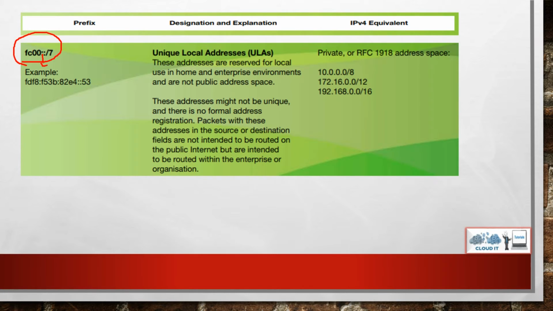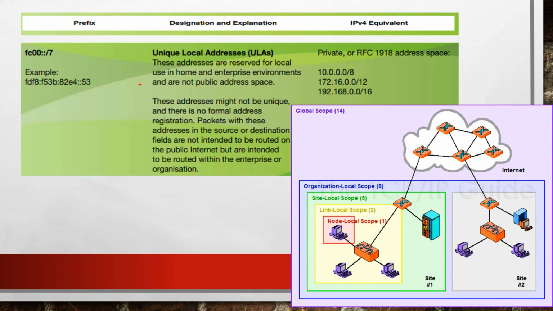In this block, there can be multiple private IPv6 addresses, and they are called unique local addresses. Packets with these addresses in the source or destination field are not intended to be routed on the public internet, so they can be routed only within an enterprise or organization. This is called a unique local address, and its scope is within the organization only, either site local scope or organizational scope.